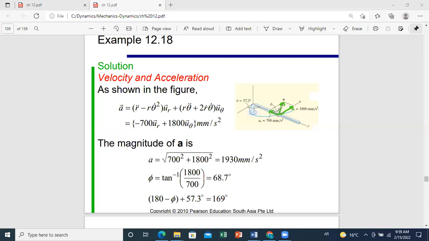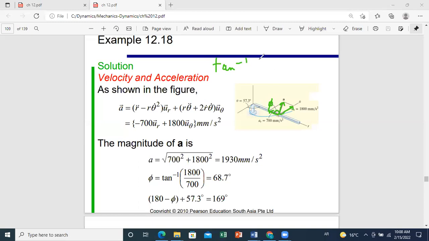This angle, we'll call it phi. Because this angle is smaller than 90, when I do tan^-1, I will take the absolute value here, because I determined the quadrant, and now I just take the angle that is smaller than 90 with the closest axis, which is here minus U_r.